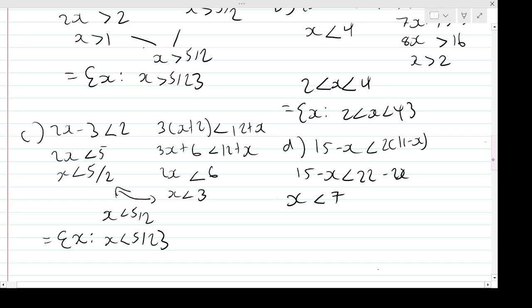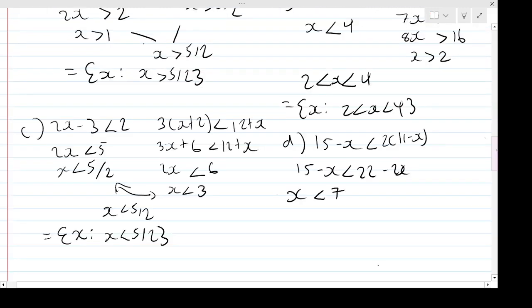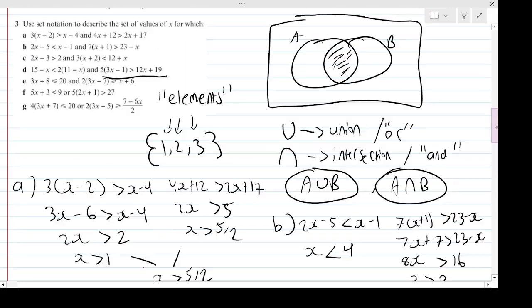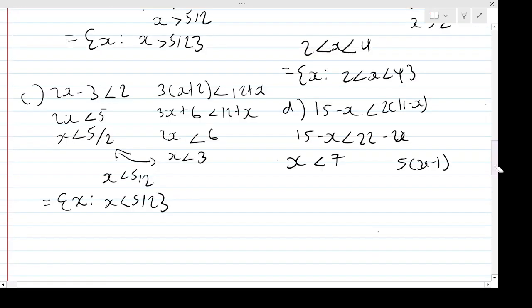And that's it, right? Then the other inequality is 5 lots of 3x minus 1 greater than 12x plus 19. There we are.